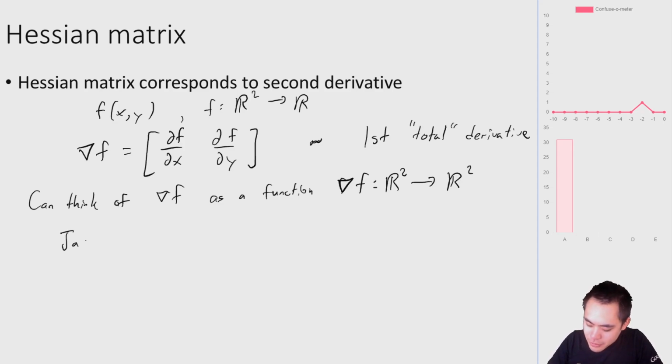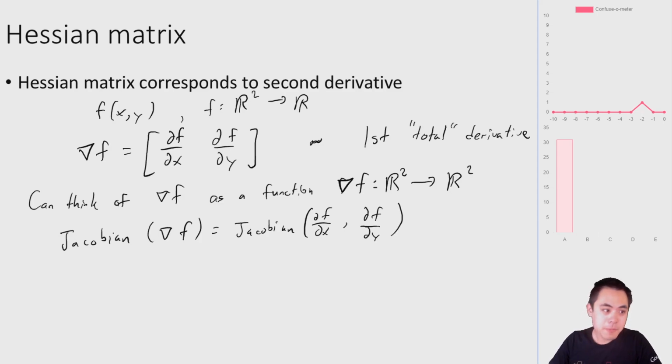Then you can think about the Jacobian of del f, which is equal to the Jacobian of del f by del x, these two functions, and del f by del y.